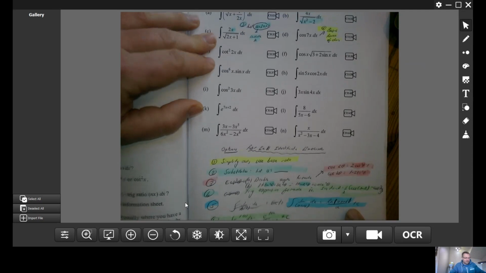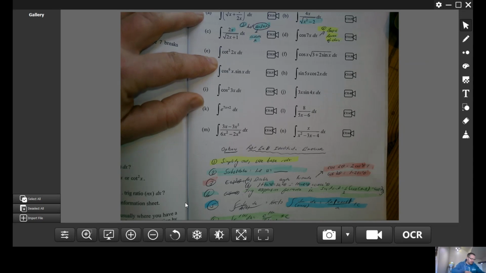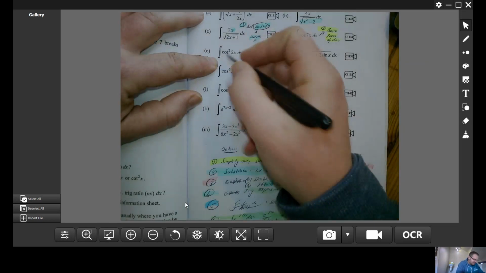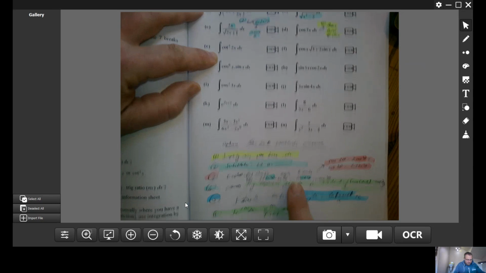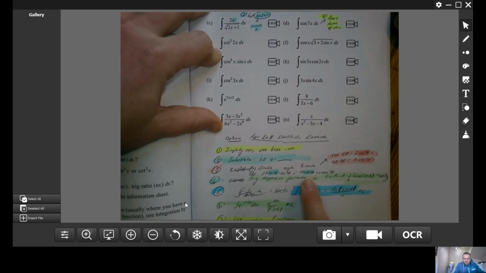Okay. Cot squared. There's no integral of cot squared. But there is an integral of sec squared. So here, your key idea is you're going to have to use the fact that 1 plus cot squared is equal to cosec squared. So in other words, cot squared is equal to cosec squared minus 1.